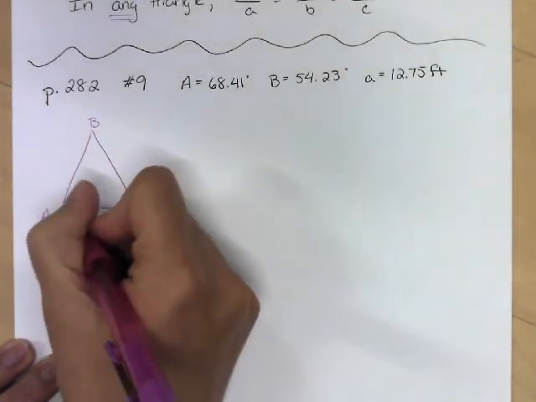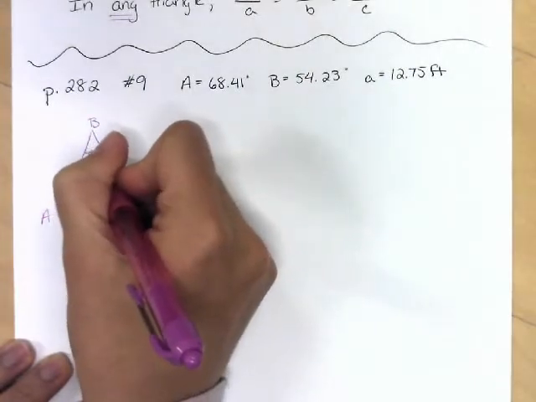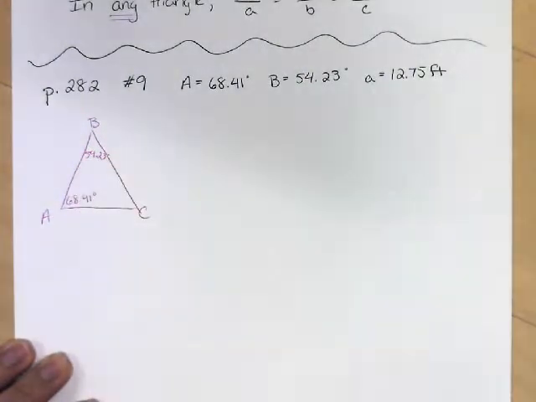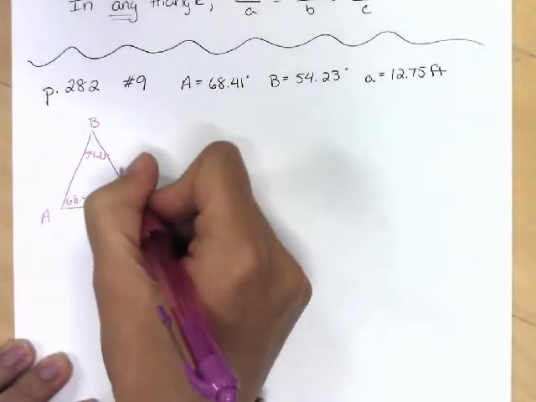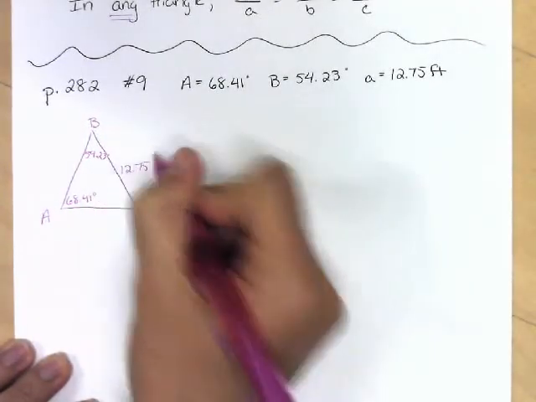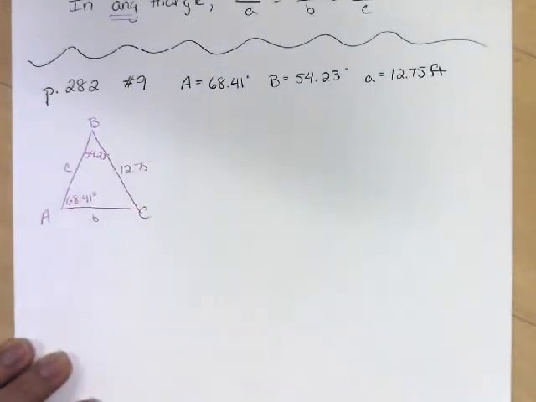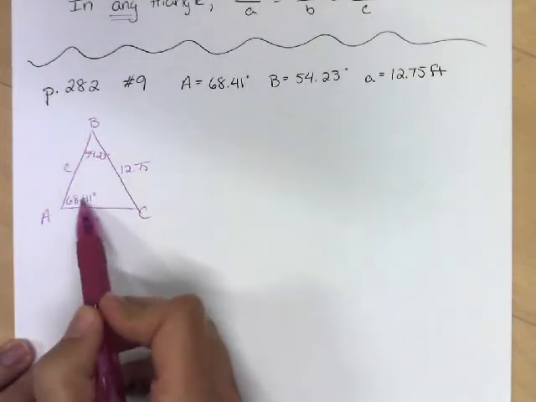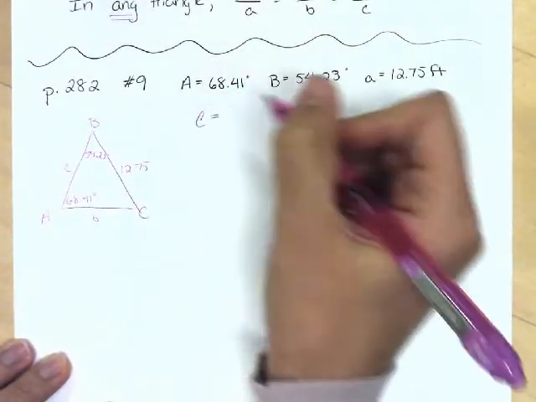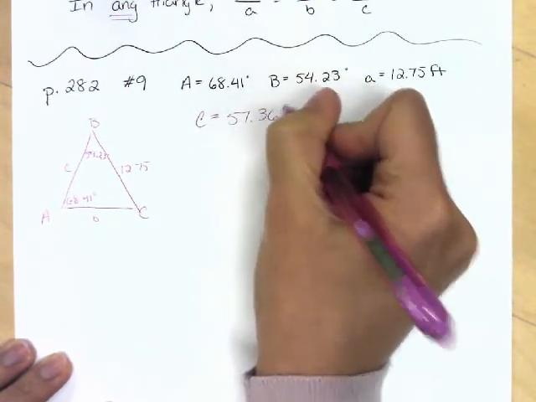And I know angle A is 68.41 degrees, angle B is 54.23 degrees, and then the sides opposite, I have A is 12.75, so this is just side C and this is side B. I can begin by adding these up and subtracting from 180 to get the measure of the missing angle, C, as 57.36 degrees.